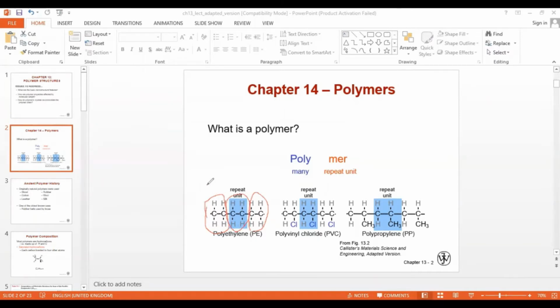For example, this is monomer number 1, this is monomer number 2, and this is monomer number 3. A number of monomers join together to form a polymer. Monomer is a single unit, so in the single unit, only 2C and 4H will come.